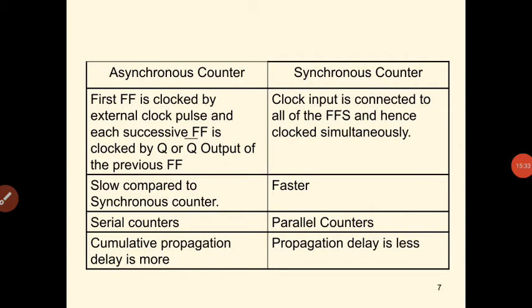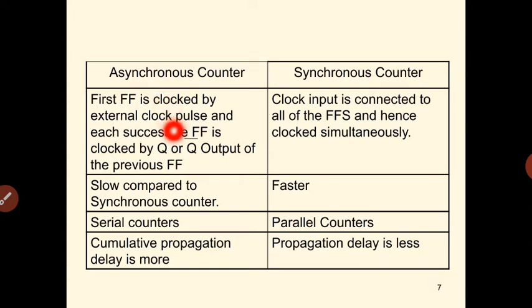Next, coming to the asynchronous and synchronous counter differences. In the case of asynchronous counter, the first flip-flop is clocked by the external clock pulse, and the subsequent flip-flops are clocked by the Q or Q bar output of the previous flip-flops. As I told earlier, in an asynchronous counter the clock input is not applied simultaneously to all the flip-flops.